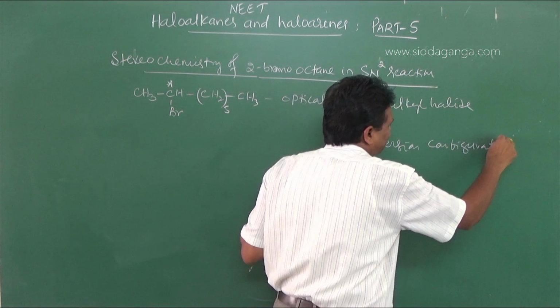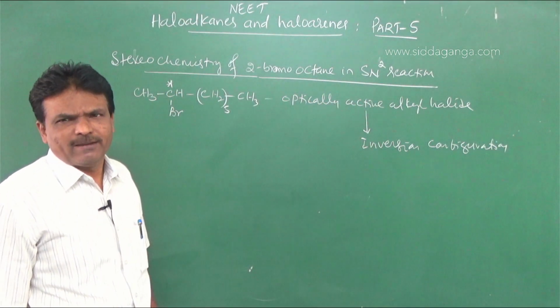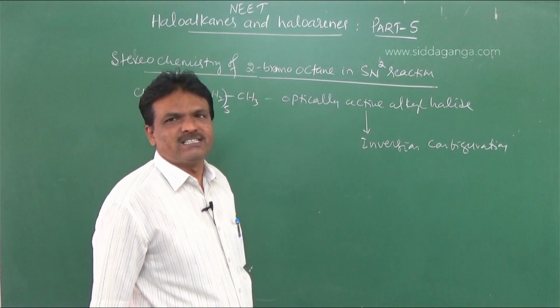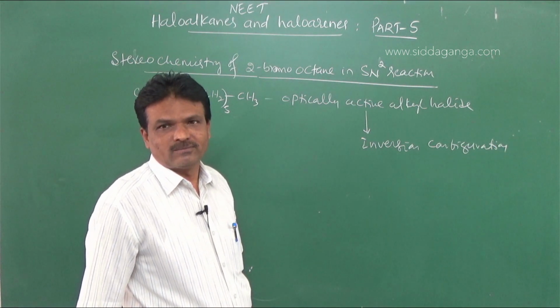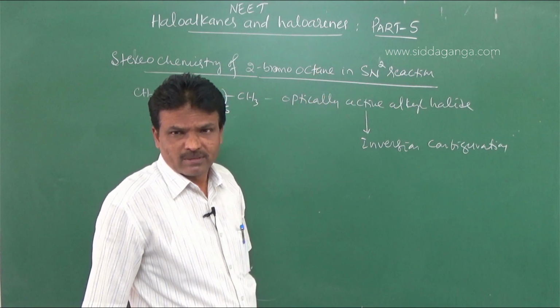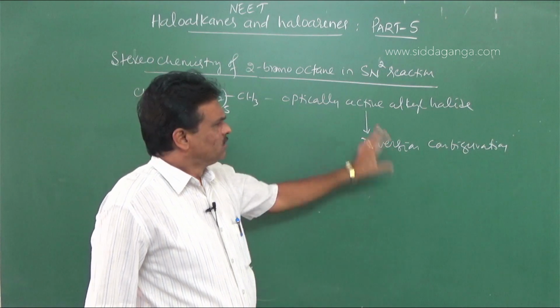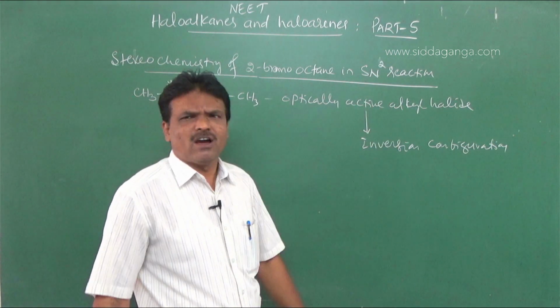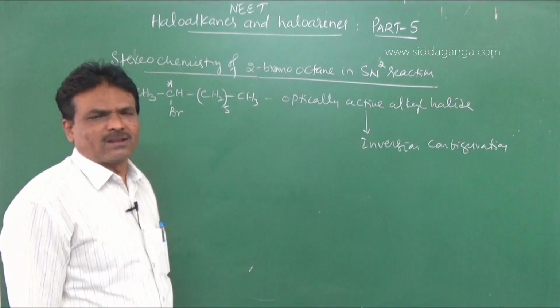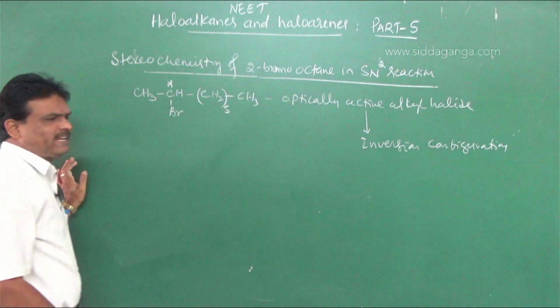There is no racemization. So if the optically active alkyl halide is dextrorotatory, then the obtained compound is levorotatory. If the optically active alkyl halide is levorotatory, the obtained compound is dextrorotatory. So the inversion configuration is obtained. Clear? So what is the stereochemistry of 2-bromooctane in SN2 reaction?